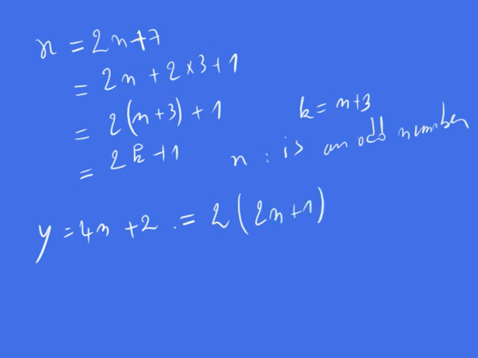We can take L equal to 2n plus 1. Then y equals 2 times L. Then y is an even number.